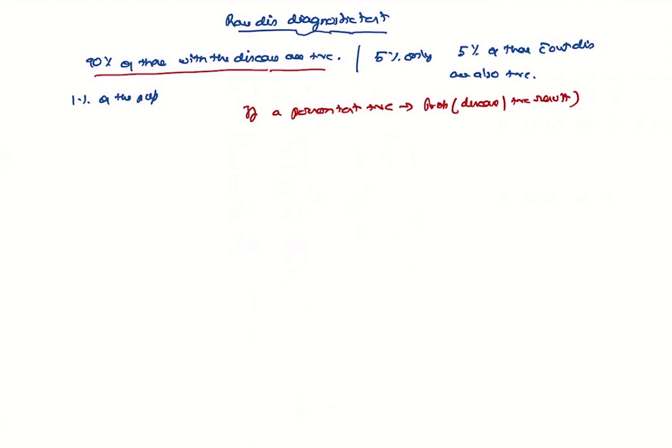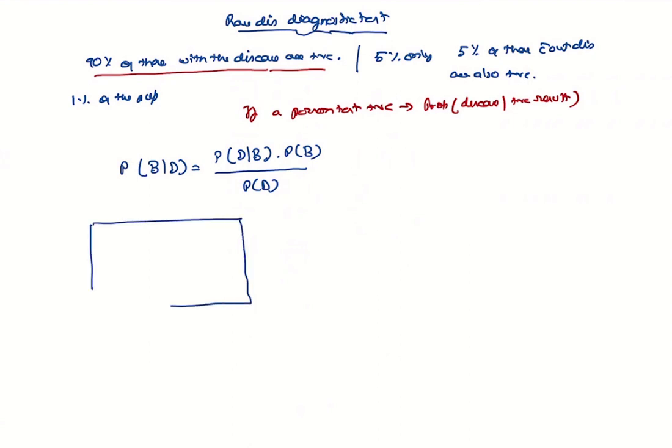Bayes principle is that if you have two events A and B which are mutually exclusive and collectively exhaustive, then for another event D, the probability of B given D is probability of D given B times probability of B divided by probability of D. So this is nothing but the simple Bayes formula, and we do it using a figure like this.